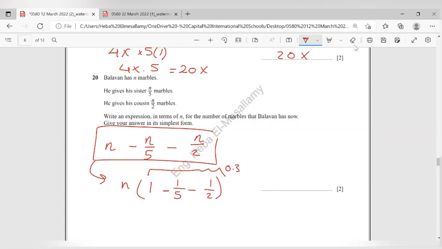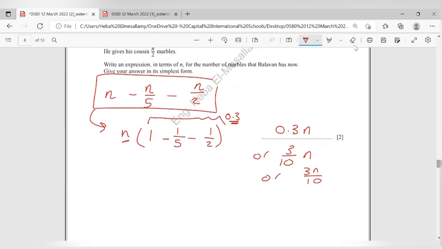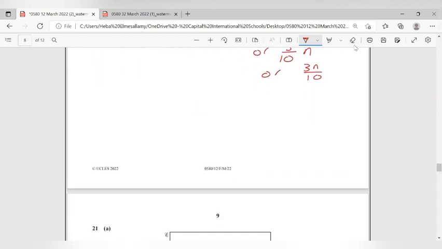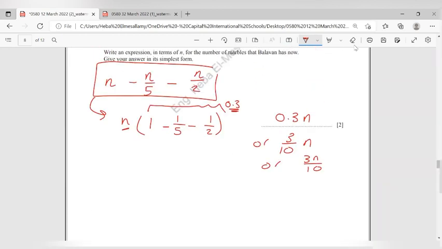So the final answer is, don't write the coefficient after the variable. It should be written before the variable. So I have to write 0.3n, or if you wrote it as 3 over 10n is also accepted. Also, we can write it 3n over 10. Any of these is accepted. Or any other answer that will lead to the same final answer at the end.